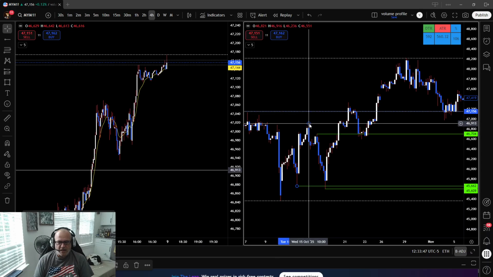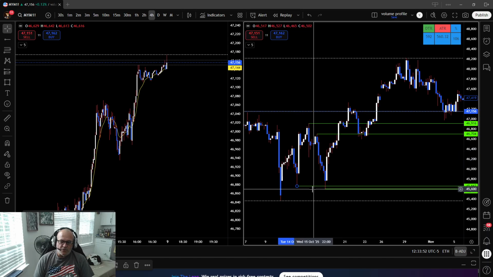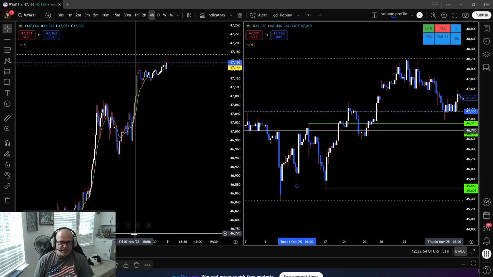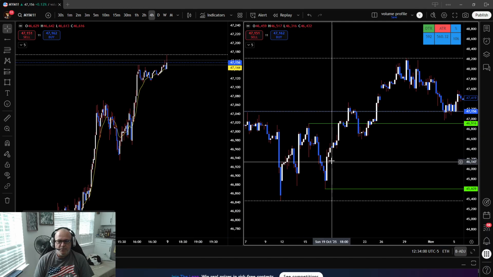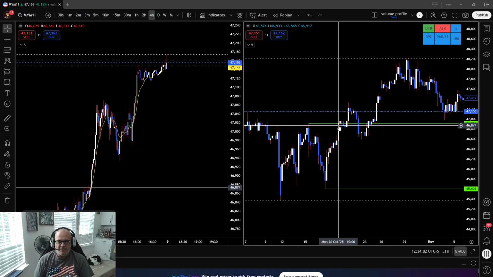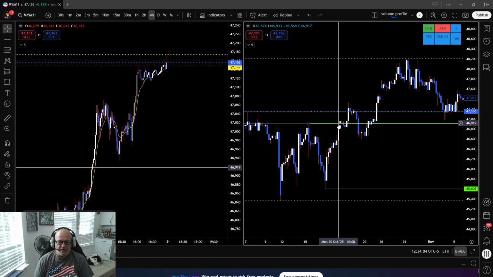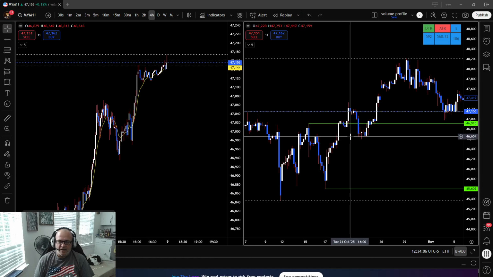So this is the swing high I'm looking for price to come and break. When that happens, I can take off this swing point and this swing point, and we close above that swing point on this 4 hour candle. Now I have a new dealing range.